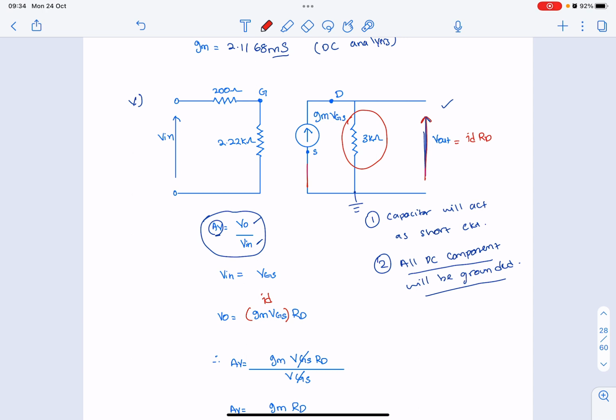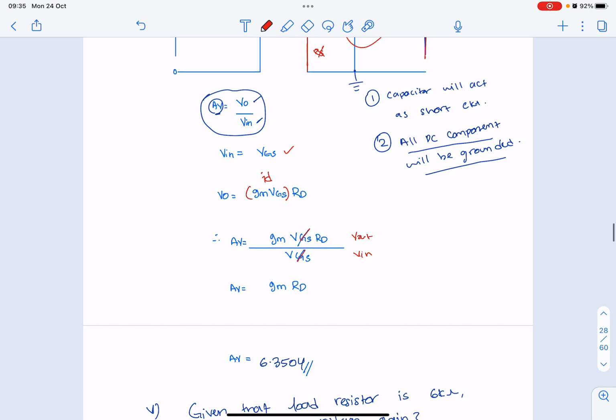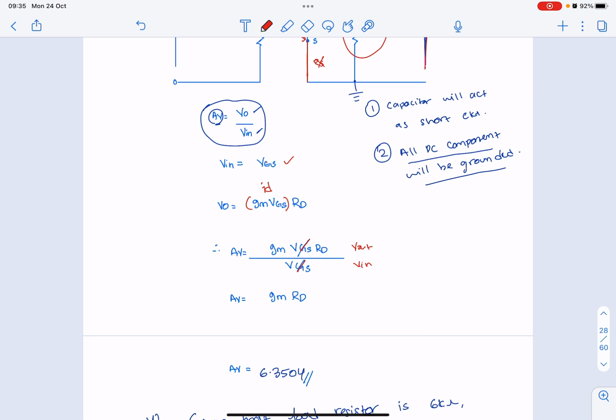So Vin is at this point. This is your Vin. Vin is equal to VGS. Actually Vin goes down to ground, but since there is no RS, Vin is equal to only VGS. So finally, you can combine the equation. Av is equal to V out divided by Vin. So VGS can cancel. Sorry, it should be a small letter, not a capital letter. So Vin equals vgs.